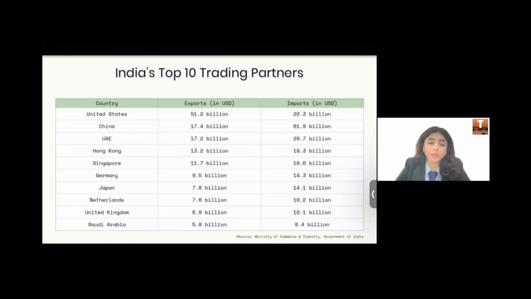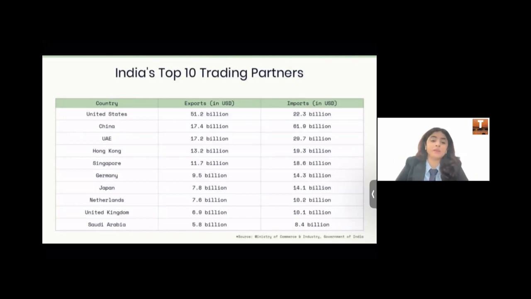Now comes Germany. Germany is an important trading partner for India and the European Union. The trade between the two countries primarily involves automobiles, machinery, pharmaceuticals, chemicals, and information technology products.